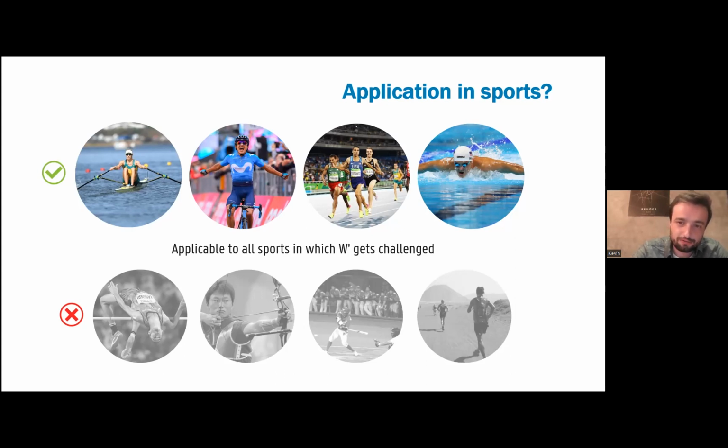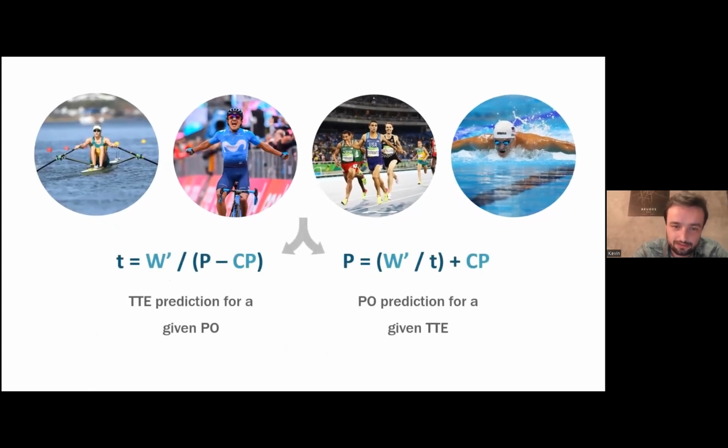However, if we look at the original model and go back to the formula, the relation between the time to exhaustion and the power that you produce, or the speed that you run or swim, if you know the critical power and W prime, you can predict any time to exhaustion for a given power output, and vice versa, you can predict any power output for a given time to exhaustion.